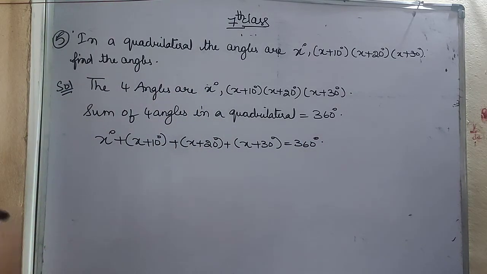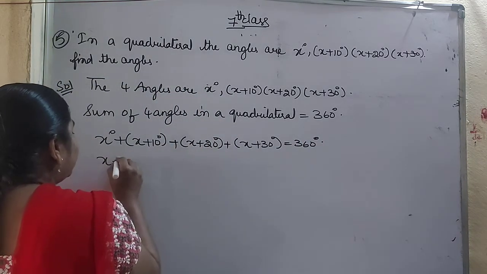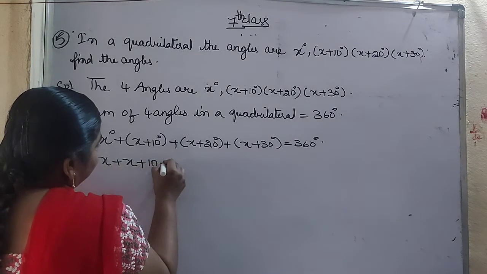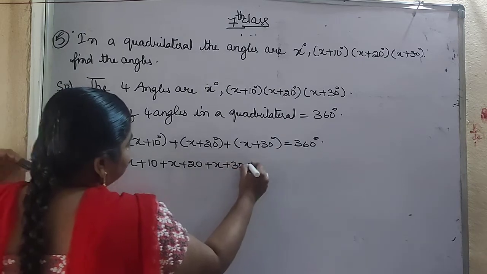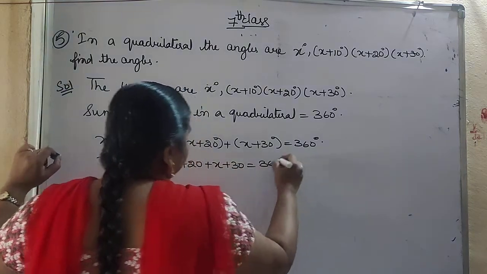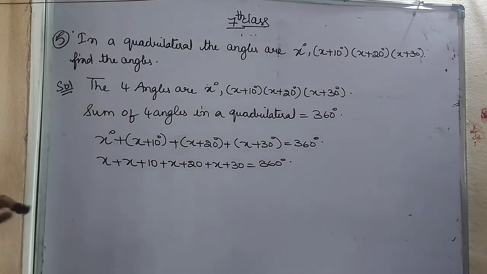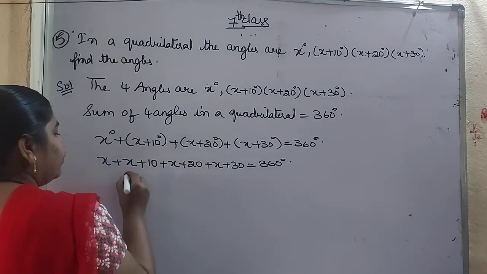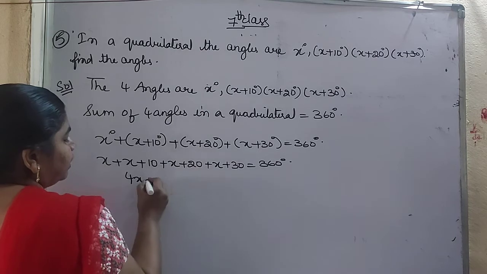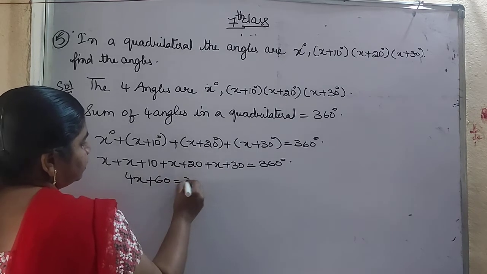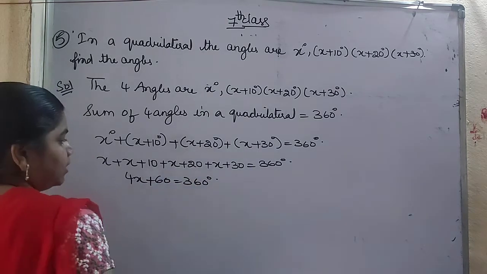Now remove all the brackets. So x plus 10 plus x plus 20 plus x plus 30 will be equal to 360. How many x are there? 1, 2, 3, 4. It will be 4x. 10 plus 20 will be 30. 30 plus 30 will be 60. Is equal to 360 degrees.